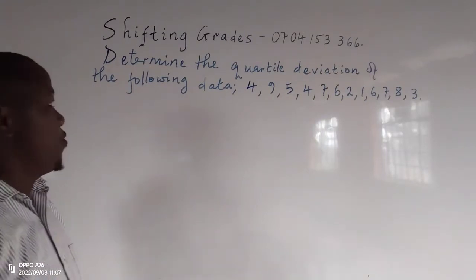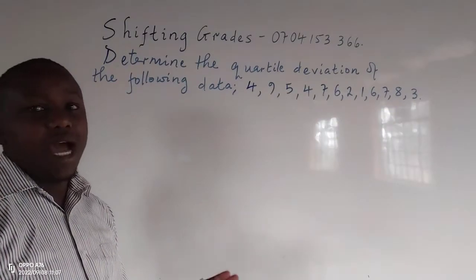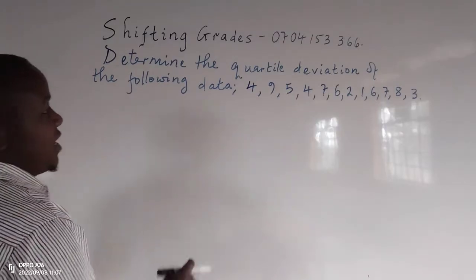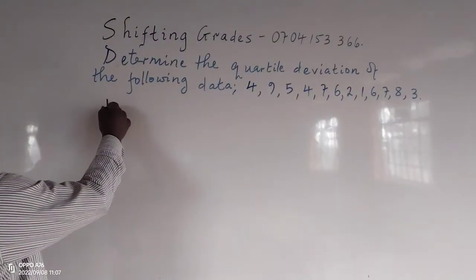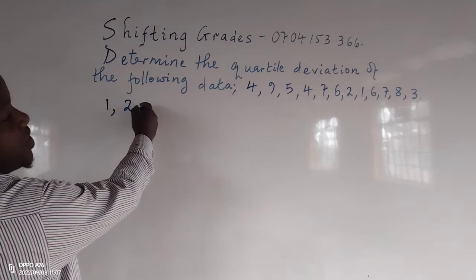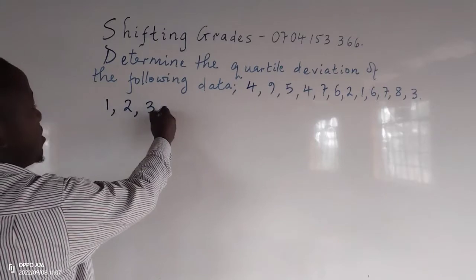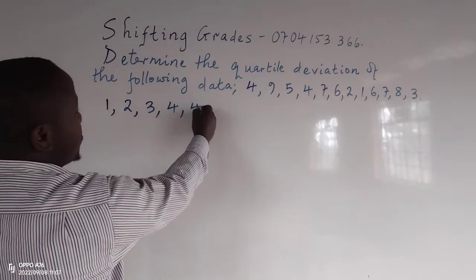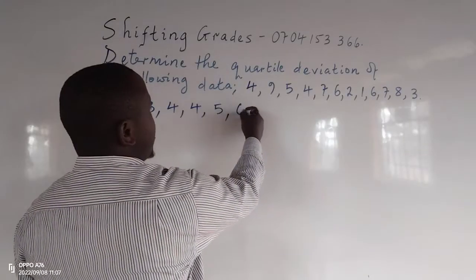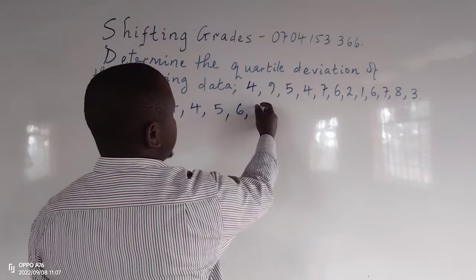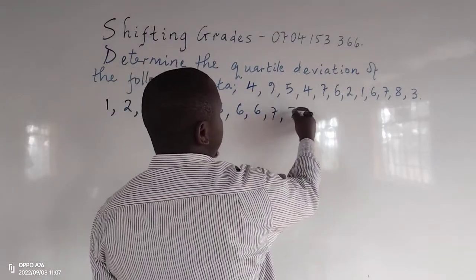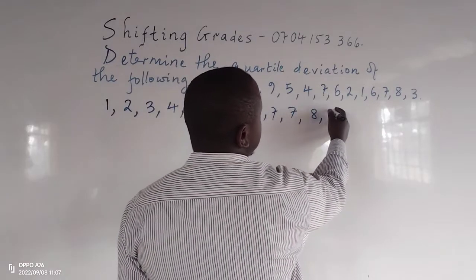Mark that before you determine the quartiles, data must be arranged in ascending order. Therefore, we start by arranging these values: 1, then 2, then 3, the values of 4 are 2, and I can see a 5, then the values of 6 are 2, then the values of 7 are also 2, then we have 8 and 9.